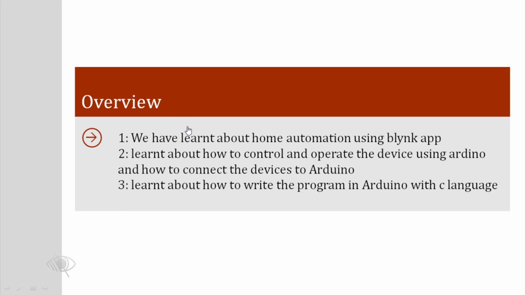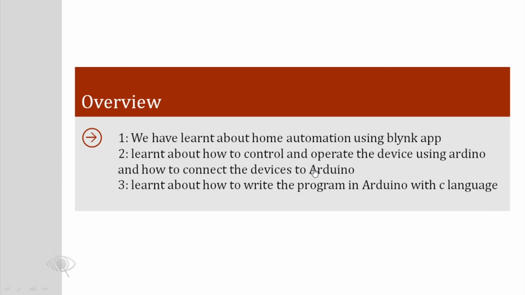This is the overview, nothing but what we have learnt throughout the Emertex internship. So first of all, we have learnt about home automation using the Blink app. Nothing but we have controlled the home devices using the Blink app. And then for this control, we required some C language basics, and this we also learnt in this internship.